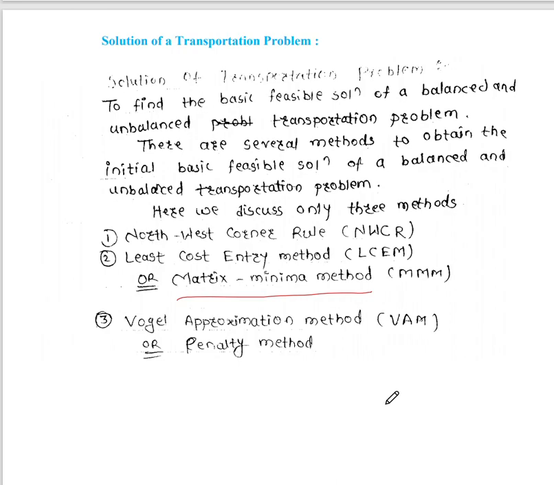Finally we discussed the methods to solve the transportation problem: NWCR method, LCEM method, and Vogel's approximation method, VAM. In the next lecture we will see the transportation problem by the northwest corner rule method. Okay, we will stop here. Tomorrow we will see method number 1, that is the NWCR method.